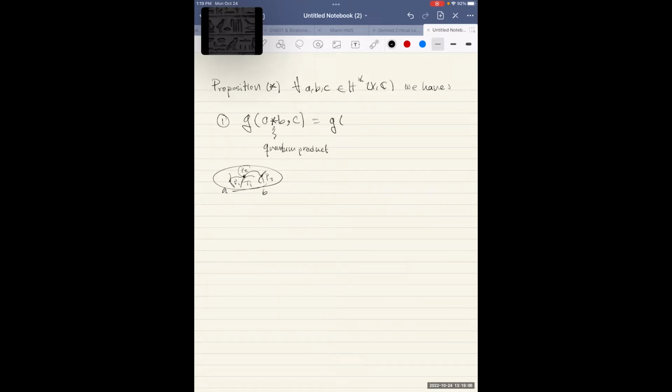The statement of the theorem is that this condition is satisfied, and this is going to be equal to the sum over all beta in the integral homology of X of I_{0,3,beta}(A, B, C).